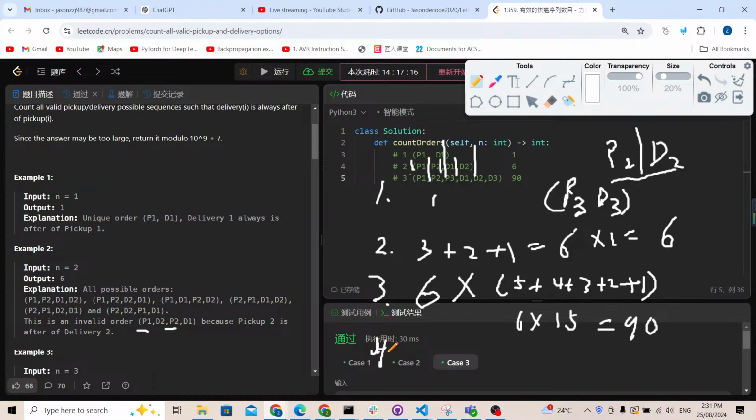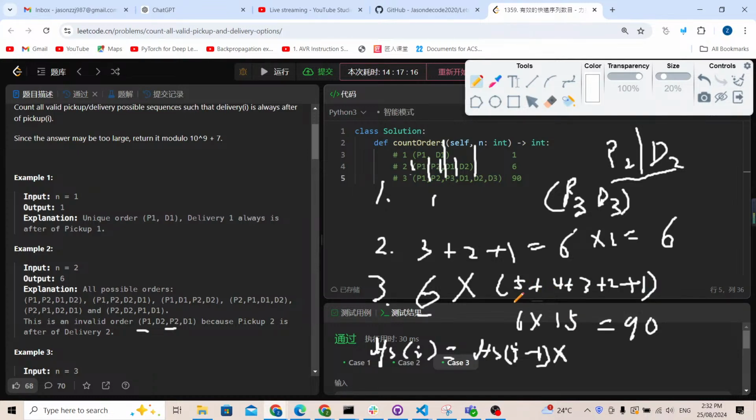So for the DFS i, it's going to equal DFS i minus 1, which here is 6, and times 15, and this 15 is from 1 to 5.